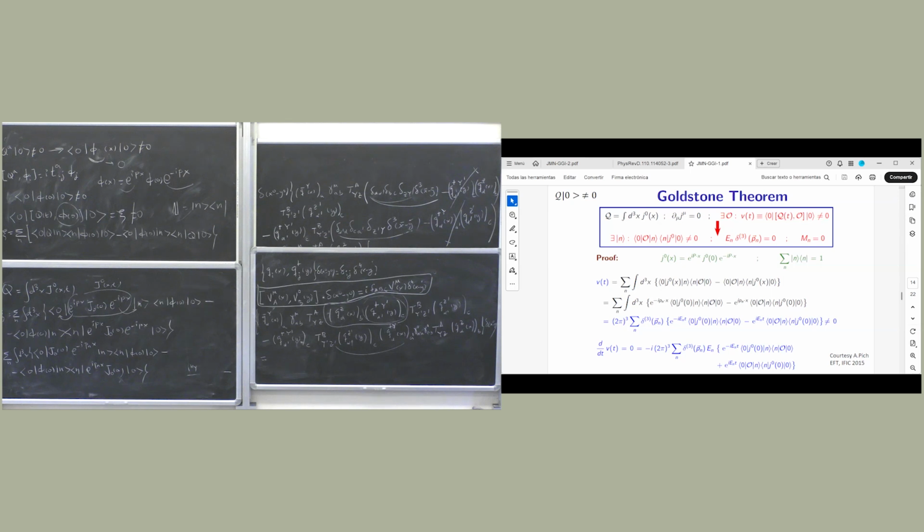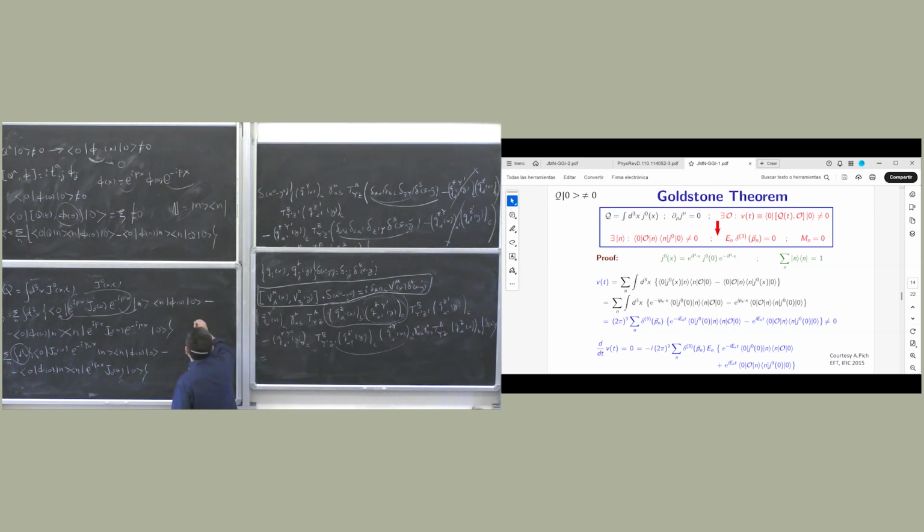Good. Can I do the integration over x? Which is the unique dependence in x there? In the exponential.